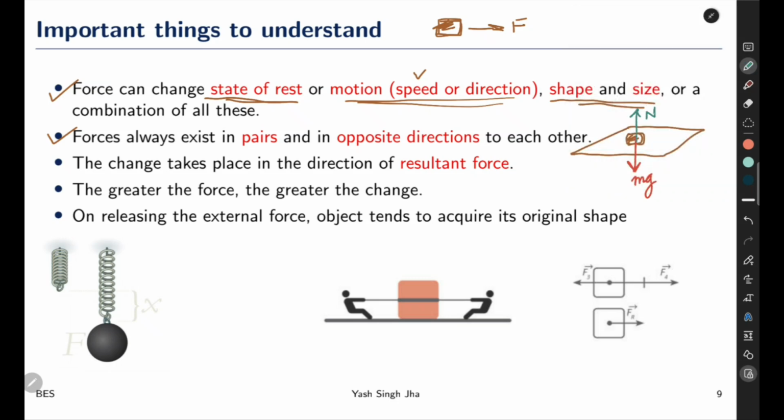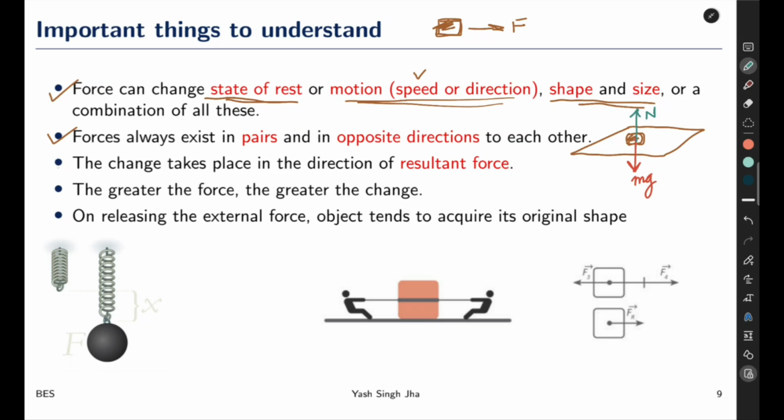The book isn't moving anywhere, so normal equals mg. So the weight of the book generated a normal reaction force which is equal to the weight but in the opposite direction, which enables the book to stay still on the table.